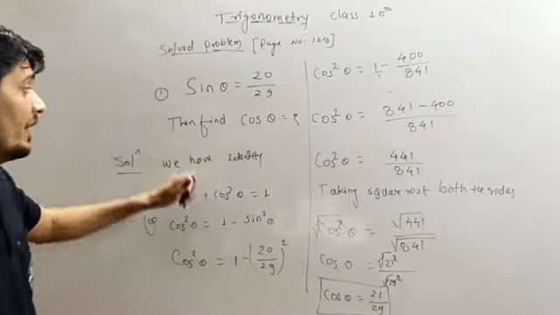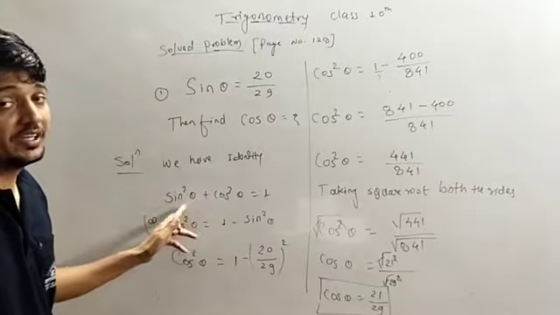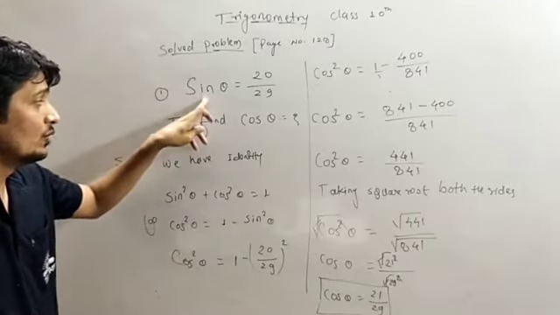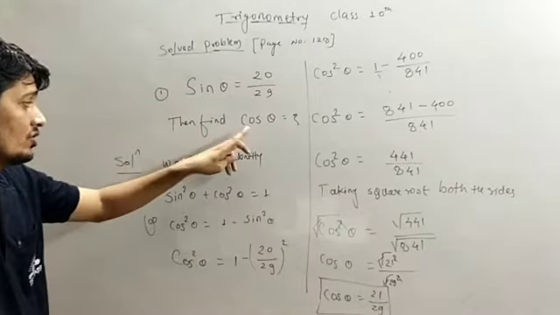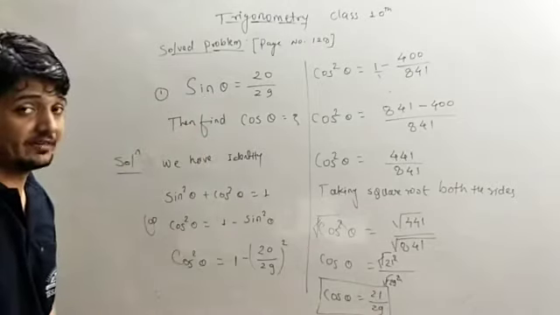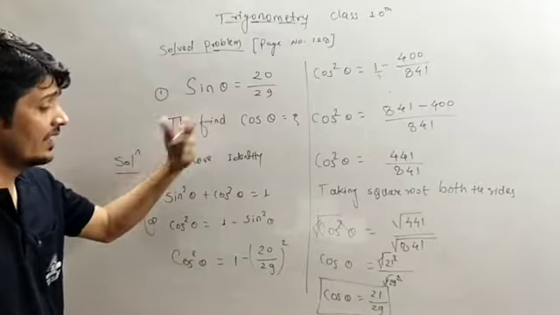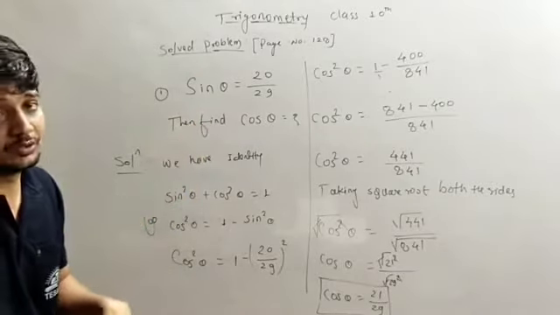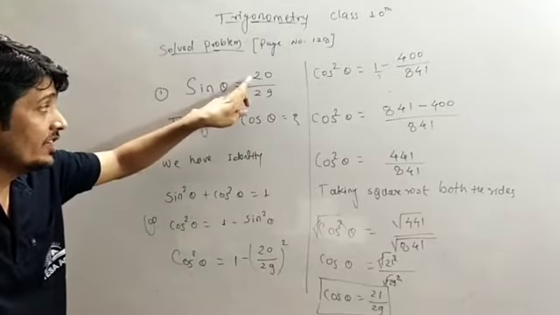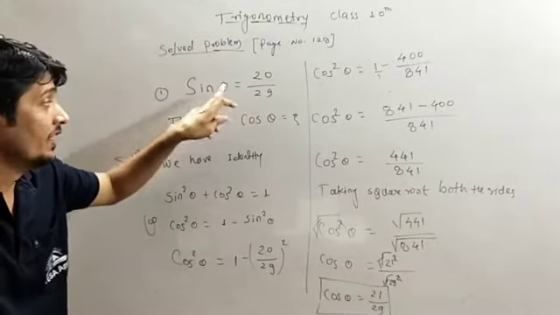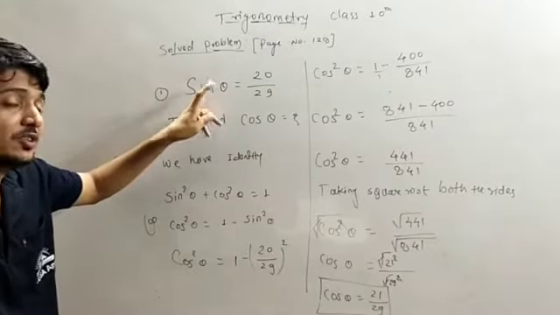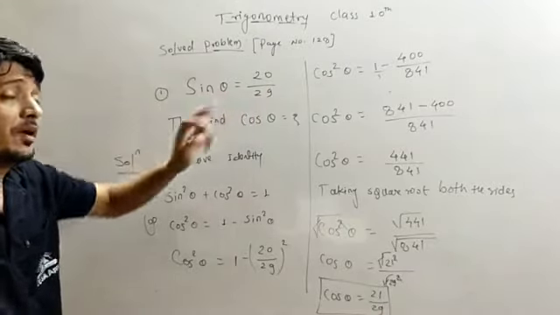So by using identities, we can calculate the value of cos theta on the basis of the value of sine theta. We can calculate the values of other ratios also, because sine theta is 20 divided by 29. Cosec theta is the reciprocal of sine theta, so cosec theta will become 29 divided by 20.